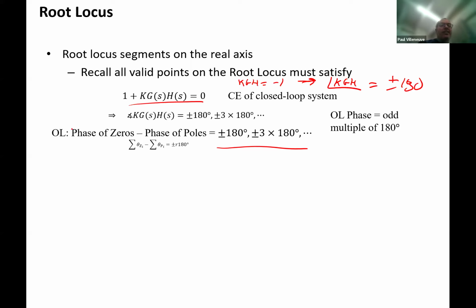Why did I say this right here? Why did I say it's the phase of the zero minus the phase of the poles? Any guesses?